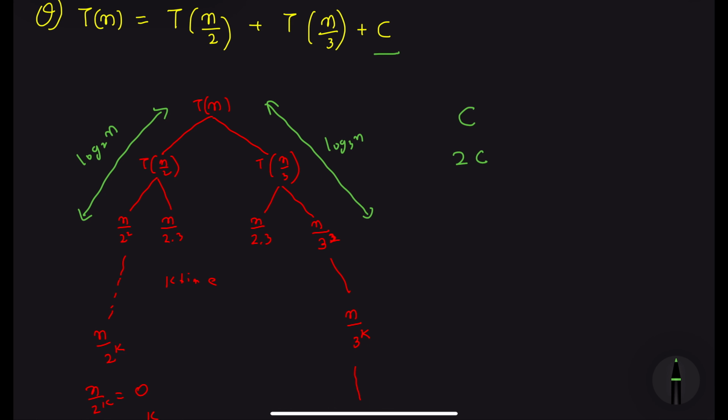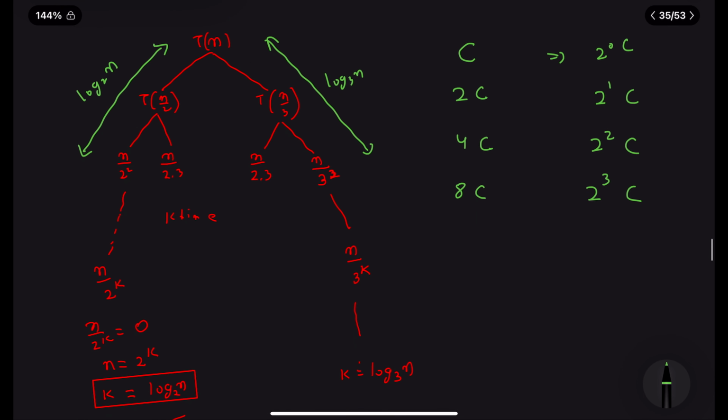At the third level there are 4 function calls, so 4C amount of time will be consumed, and at the fourth level there will be 8 function calls, so 8C amount of time will be consumed. If we simplify, this can be written as 2 raised to the power 0 C, 2 raised to the power 1 C, 2 raised to the power 2 C, and 2 raised to the power 3 C. And we can follow the pattern for k level also.